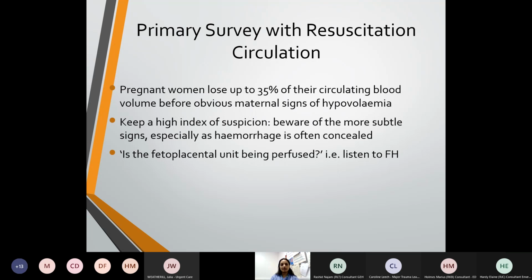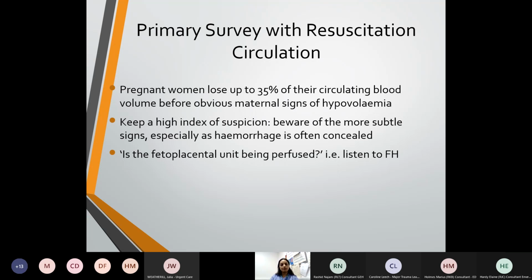So that placental hemorrhage becomes concealed because the placenta is a kind of elastic structure, and hence it expands and very nicely conceals that blood clot behind it. And once the placenta retracts more than 50%, that's when it can be life-threatening for the baby. Obviously, it also depends on the baby's baseline reserve as well.